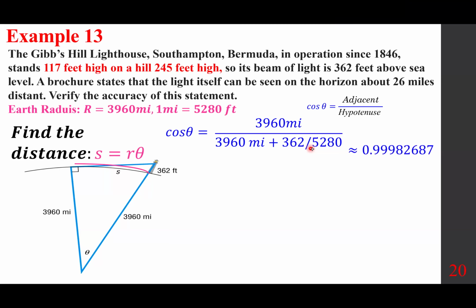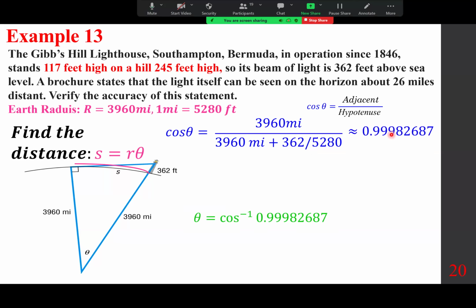And so it's almost one, but it's not one. It's almost one. And it makes a difference. You have to figure out the answer. So you want the theta, and theta is cosine inverse of this number.